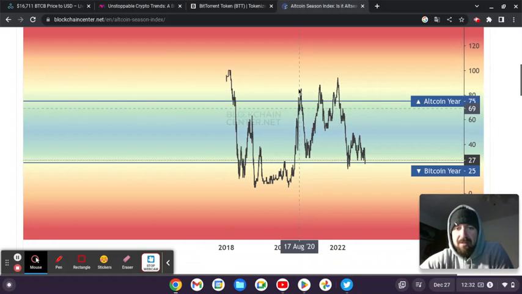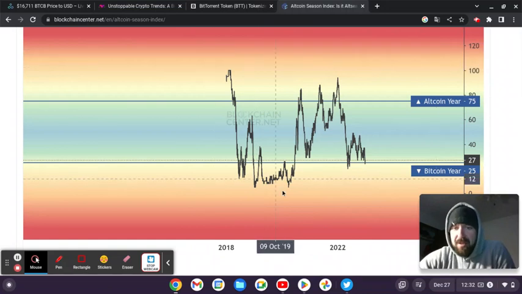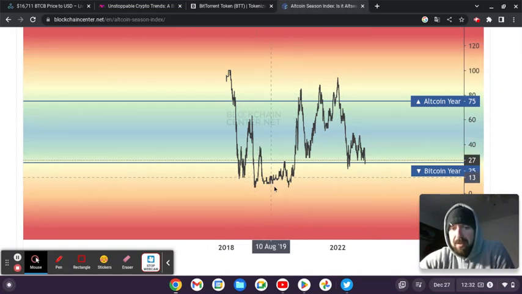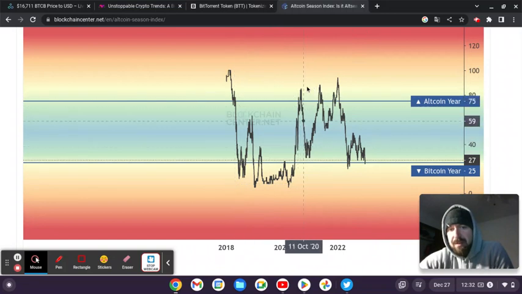But if you look right here, obviously that's a lower high, but this thing is moving kind of like a bullish flag here. There's been higher lows, and here in the recent term, there's been higher highs.